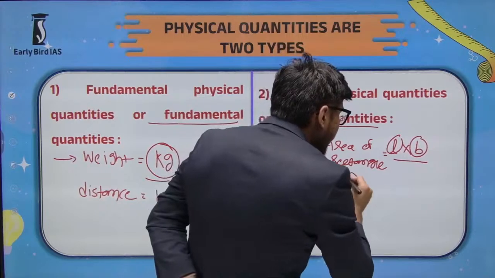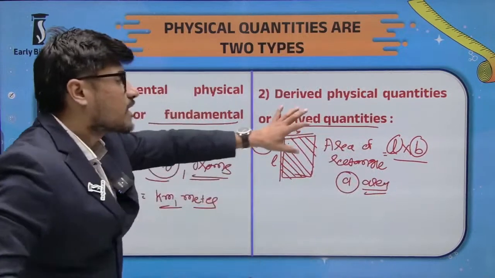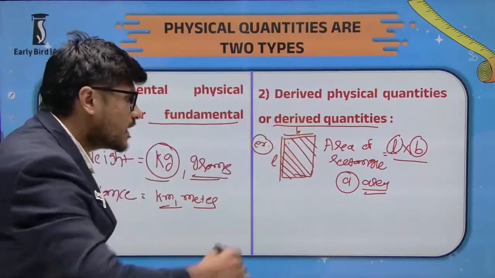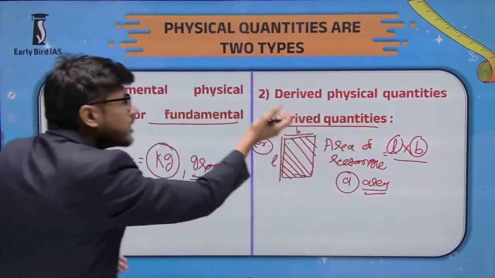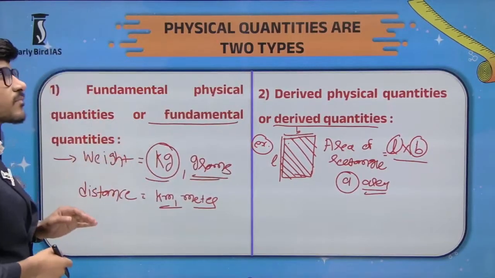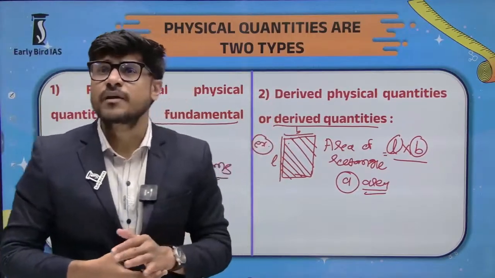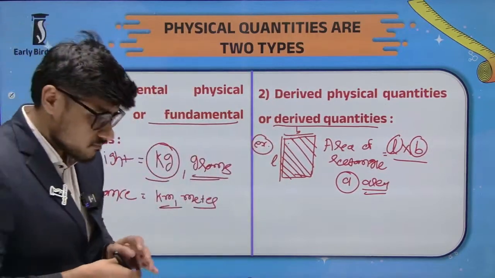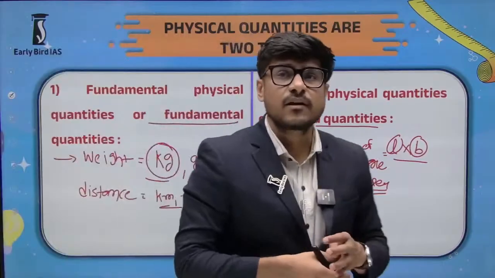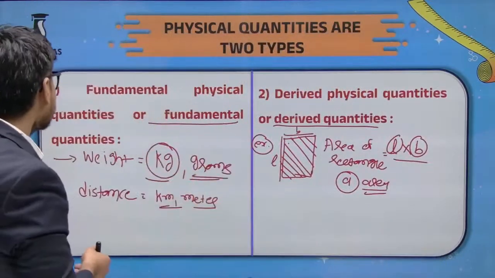So that area is a derived quantity. Basically, derived quantities depend on these fundamental quantities, these basic quantities. So this is how we can divide our physical quantities into two parts.